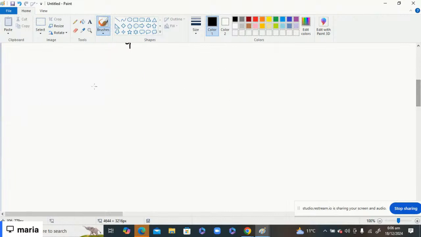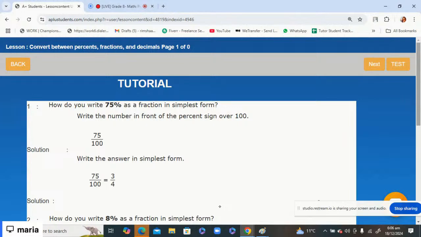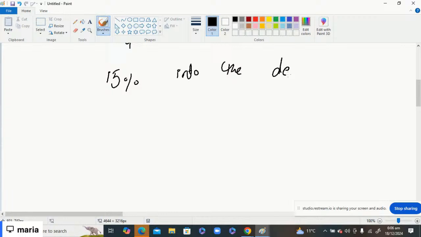But when they are saying convert, for example, 15% into decimals, this is the same thing, 15 over 100.